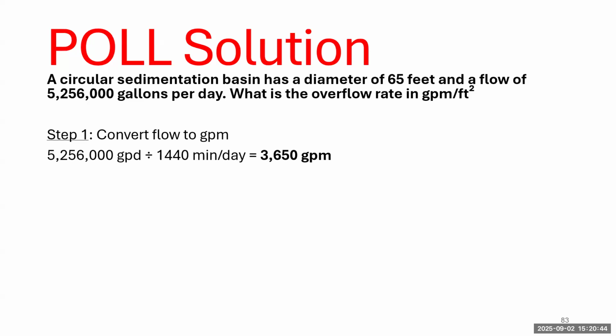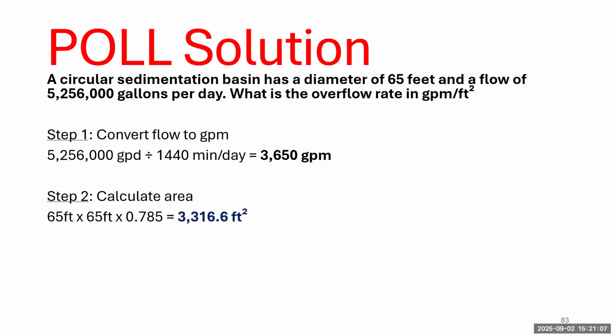The first thing I would do is convert the flow to gallons per minute, because it was in gallons per day. I take that gallons per day and divide by 1440 to get it to a minute's time.